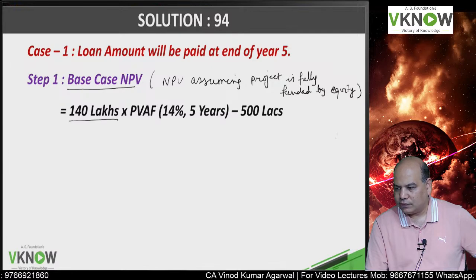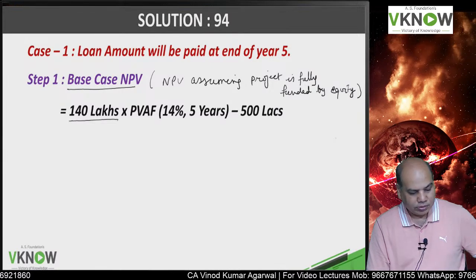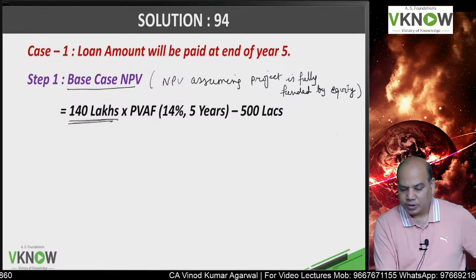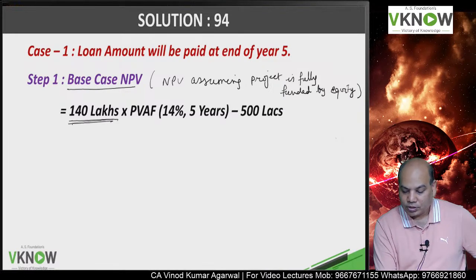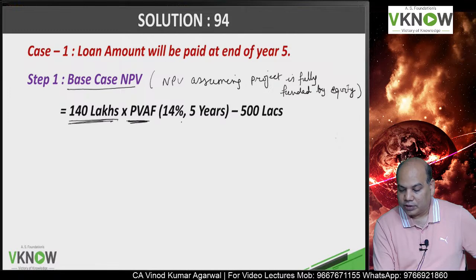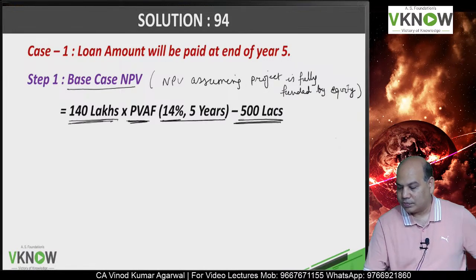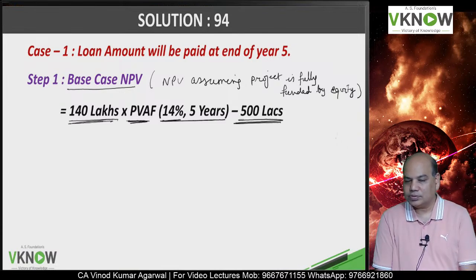So you will write 140 lakh, your operating cash flow after tax, into PV annuity factor at 14% for 5 years, minus the project cost.